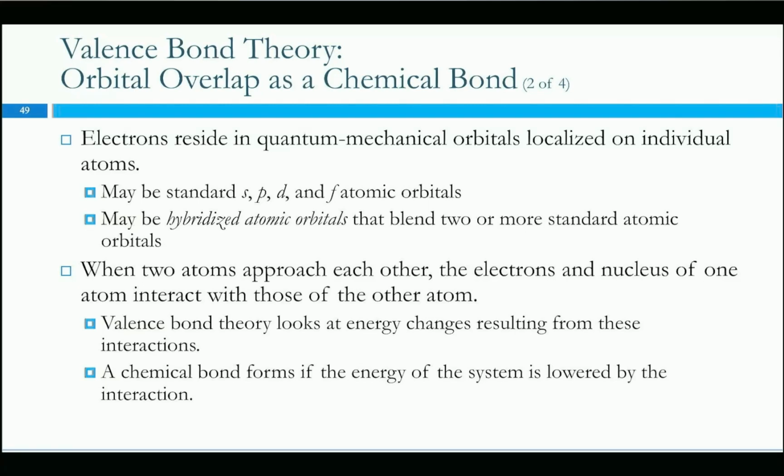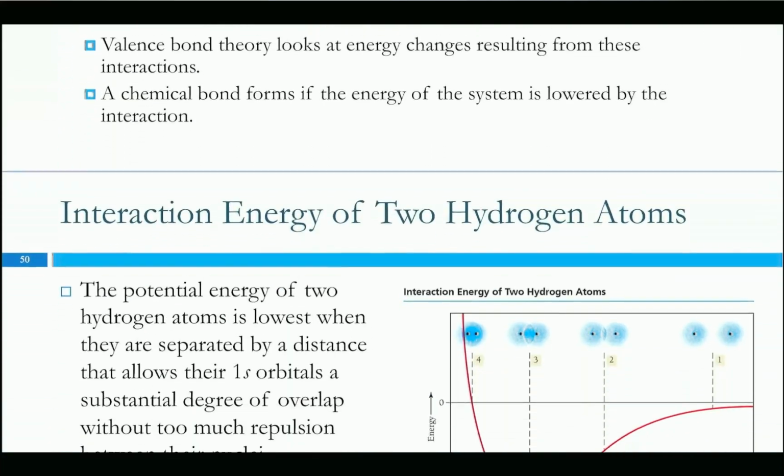For our overview, we're just going to say it's these two orbitals or these three orbitals or these several orbitals that are just blended together to get a new shape. And of course, the goal is always to lower the energy through the interaction. That new orbital doesn't exist in the atomic, with one atom, because it's higher energy than if you just had the hybrid orbitals in the molecule. So always going for lower energy.